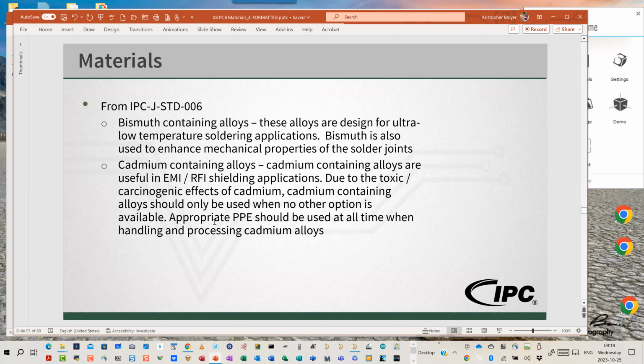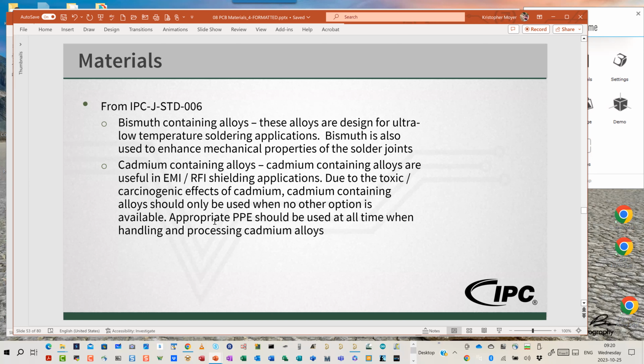Cadmium-containing alloys. Cadmium-containing alloys are useful in EMI and RFI shielding applications. However, cadmium is an extremely toxic and carcinogenic element. Therefore, cadmium-containing alloys should only be used when no other option is available, and appropriate PPE should be used at all times when handling and processing cadmium alloys. I say EMI RFI in certain applications, especially in RF or certain high reliability military applications for extreme EM environments.